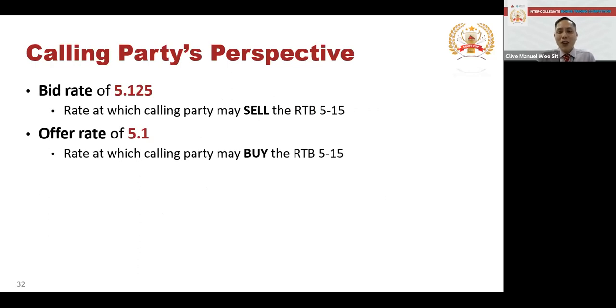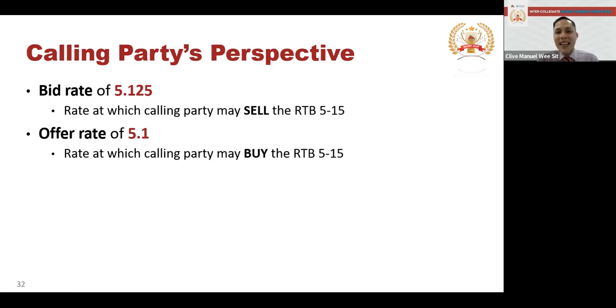Now, let's talk about the calling party, the client. If you're a calling party and you approach the GSED or a market maker to show you a two-way price for the 5-15, you'll notice that the interpretation of a calling party is different. Since the quoting party showed a bid of 5.125, this is actually the rate at which you, as the calling party or the client, will be selling the bond to the market maker.